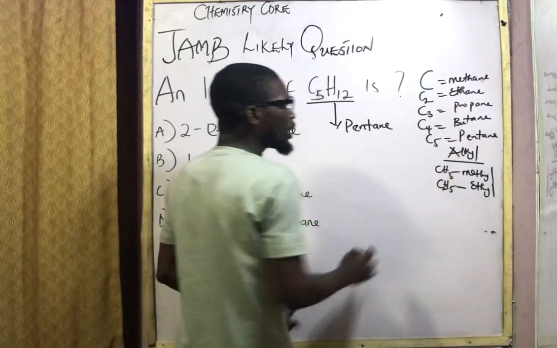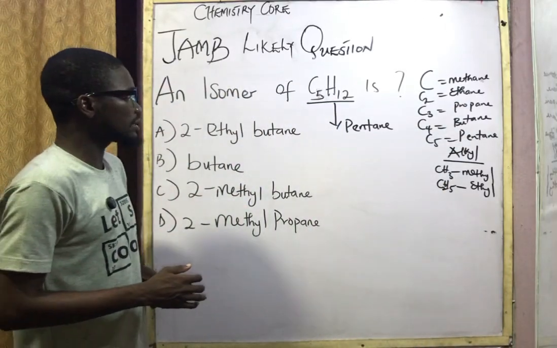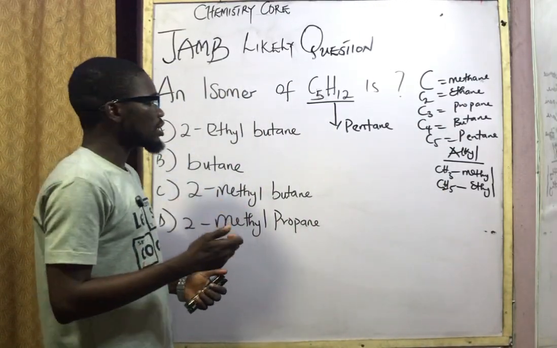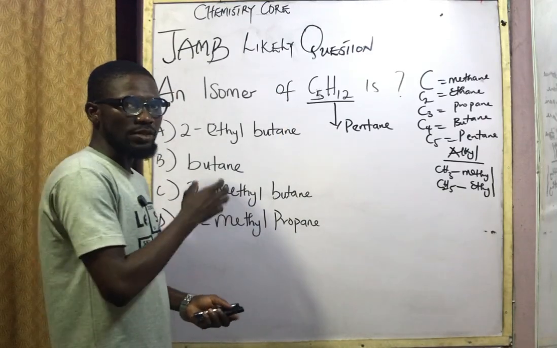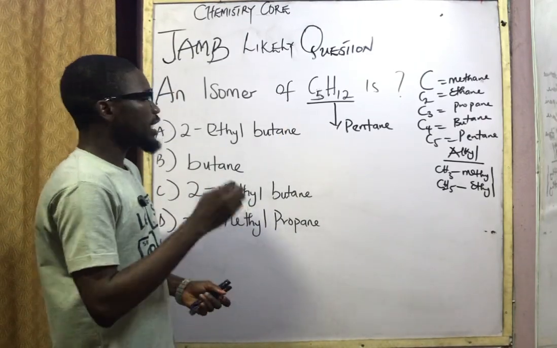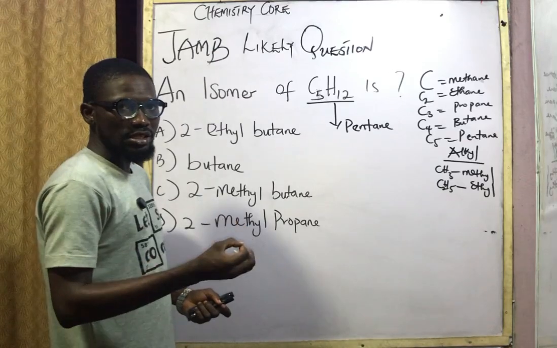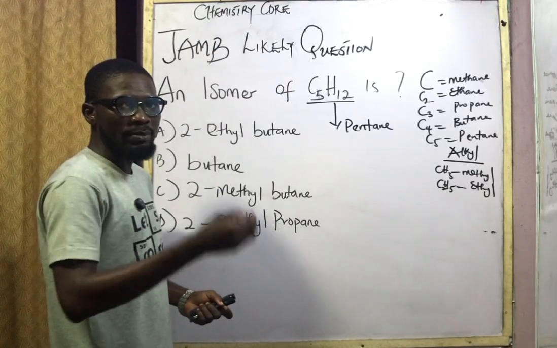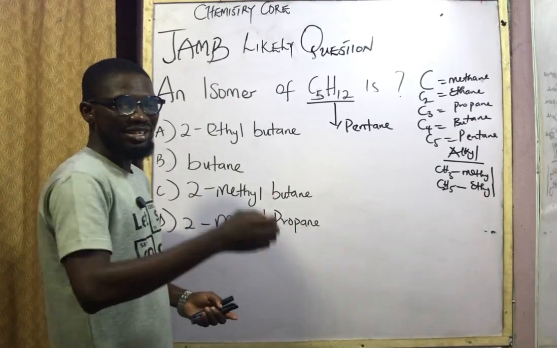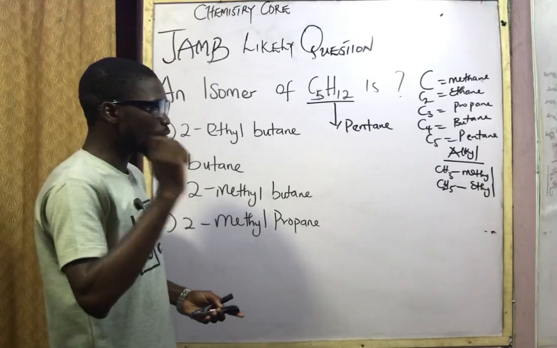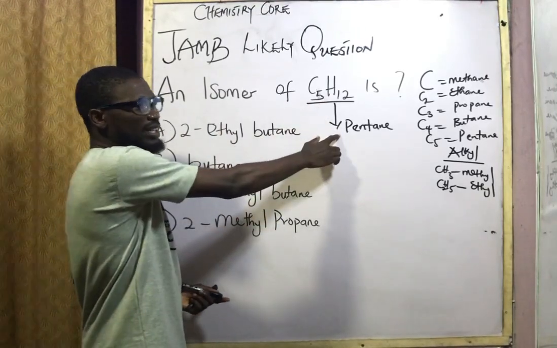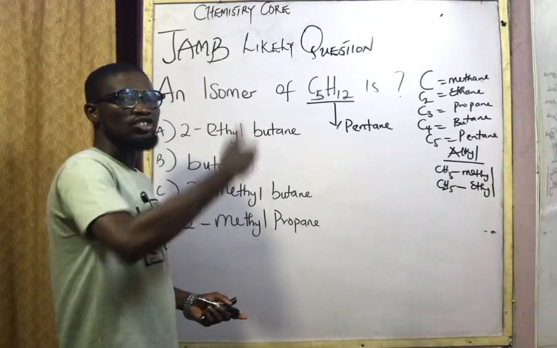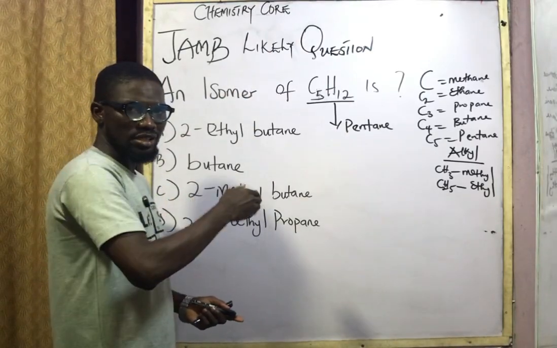So I'll stop here so you can get a clear explanation of what we are asked to do on the whiteboard. Now, guys, again, isomerism is the process whereby we have the same molecular formula but different structural formula. Now, for you to deduce the isomer from this pentane, you need to write out the structural formula of that compound.